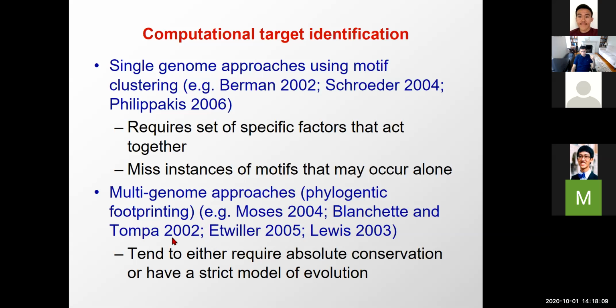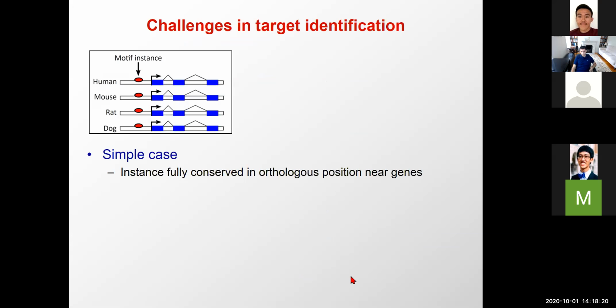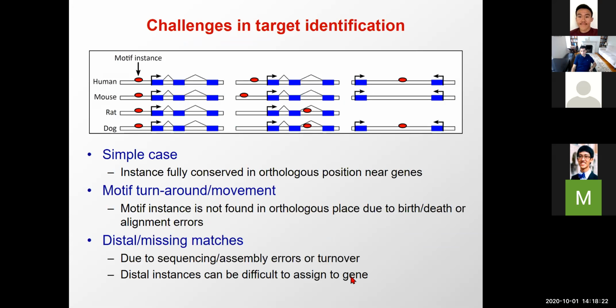But another approach is to look at multiple genomes together. These approaches usually require either perfect conservation or a very strict model of evolution. But the challenge you need to address is that the motif instances are not always perfectly conserved. Sometimes they're moving, sometimes they're dying and being reborn elsewhere, and so on and so forth.